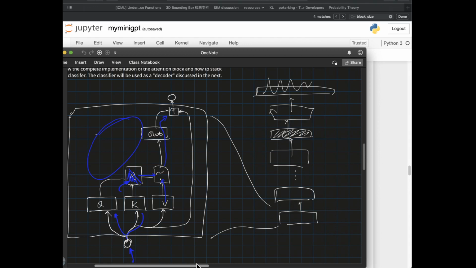And this will be used as a decoder structure in our later study.